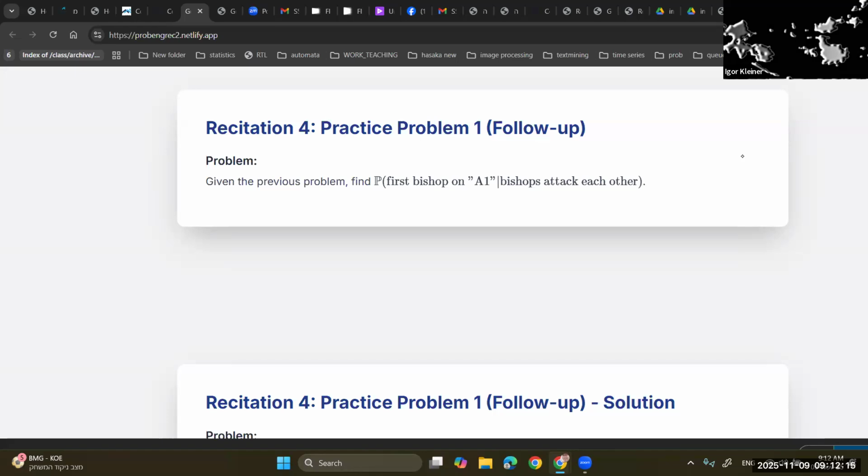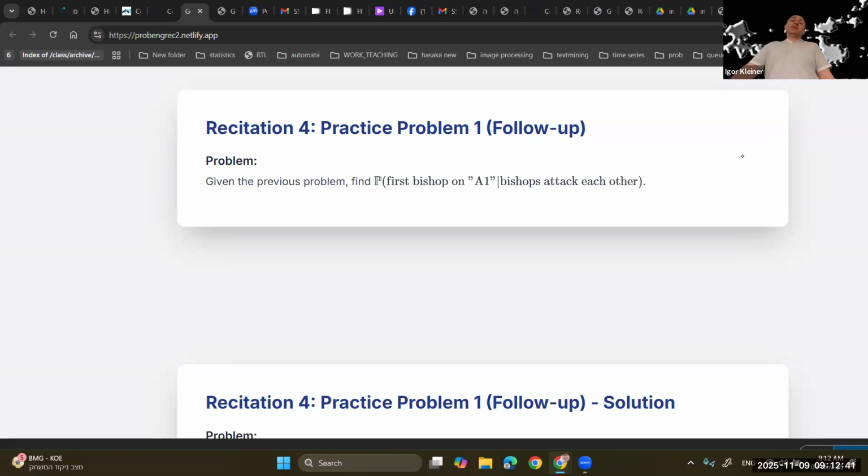Make sense? So the bottom of the Bayes formula is really just the law of total probability. It was very easy to calculate here because of the previous part.